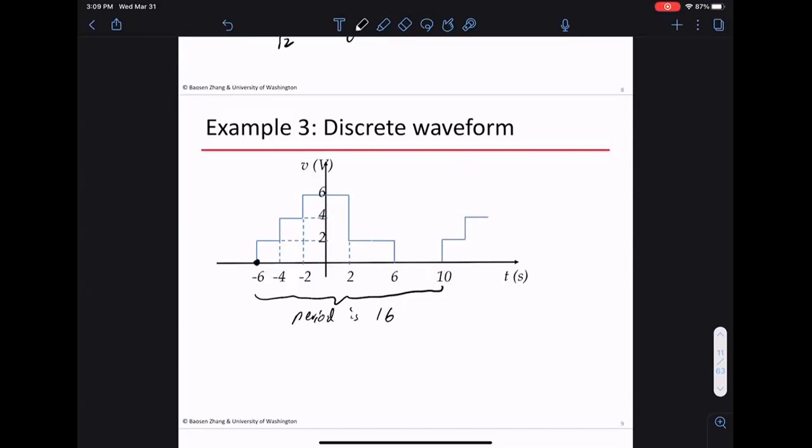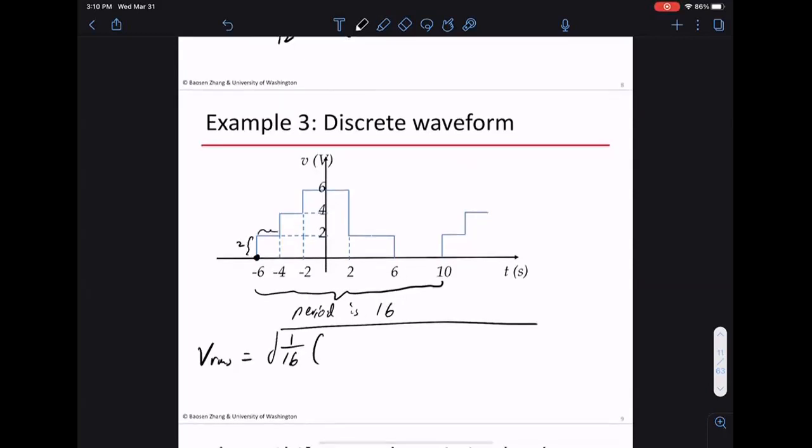So then if you look at the VRMS, this is the square root of 1 over 16. The integration of this is quite easy, because all of these are just square signals. So all you do is square them and add them up. For example, this block has a height of 2 and a length of 2, so I have 2 squared times 2.